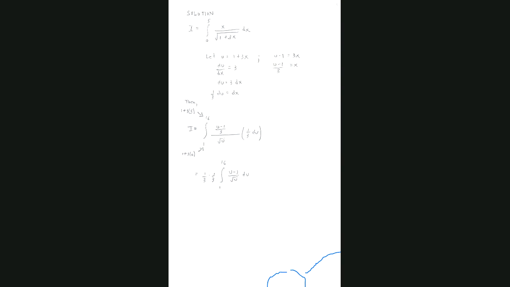Now, we need to do something with this u minus 1 over the square root of u. We can't integrate that as it sits, but we can rewrite that fraction. Anytime I have a fraction, I think about rewriting the fraction. It's sort of a natural thing for a mathematician to do. So let's go to the next page here.